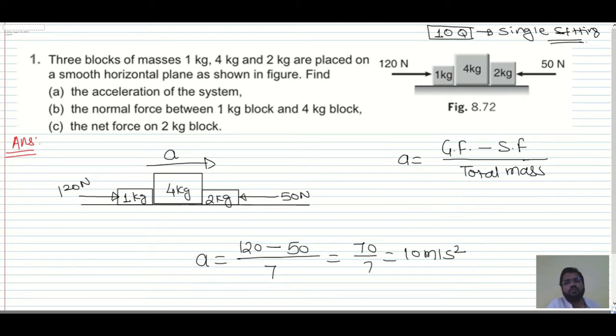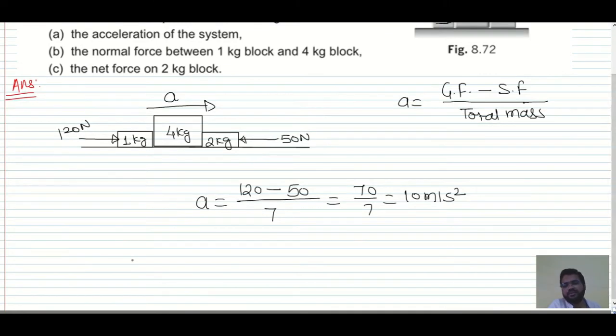We want the normal force between the 1 kg block and the 4 kg block. For that, draw the FBD of the 1 kg block. On 1 kg in the horizontal direction 120 Newton is applied. The normal force is in this direction and the acceleration is equal to 10 meter per second square.